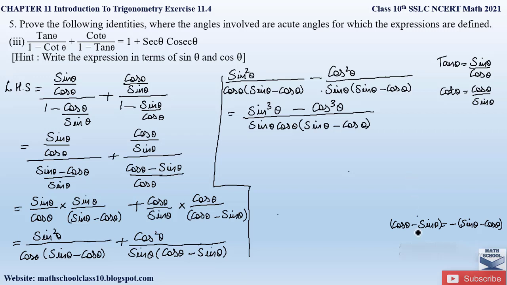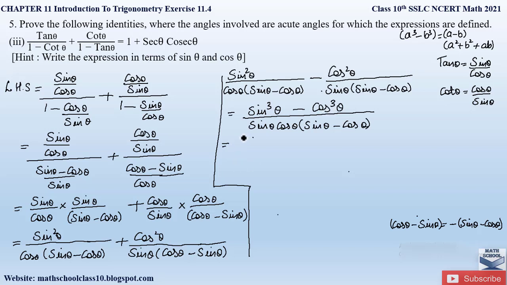So here again we have another formula to be applied, that is a cube minus b cube is equal to a minus b into a square plus b square plus ab. Okay, so this formula we are going to apply here by taking a as sine theta and b value as cos theta.